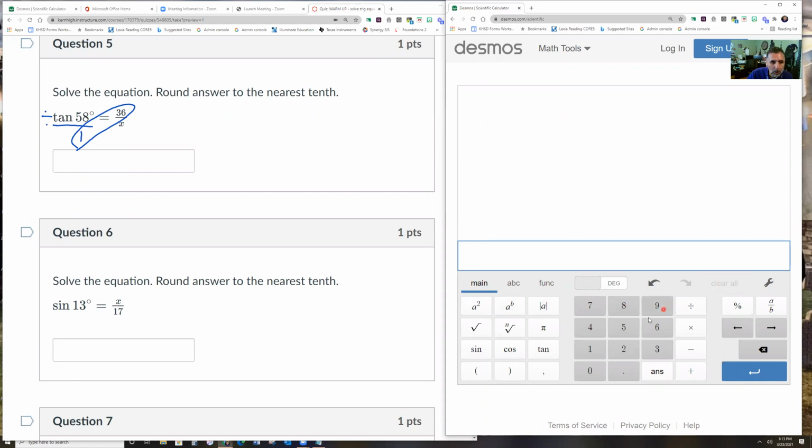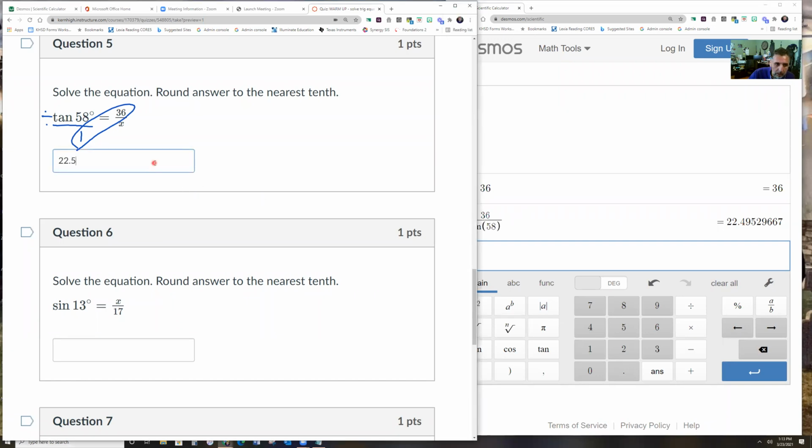Clear. Multiply 1 times 36 first. 1 times 36 is 36. Okay, so then you go 36 divided by tangent of 58. Remember, we divide by the number that's on the outside, and tangent of 58 is on the outside. So that becomes 22.5. I'm going to put it here, 22.5.